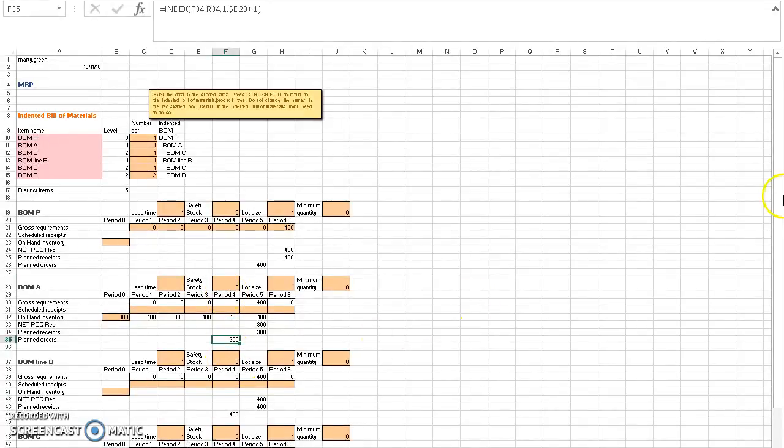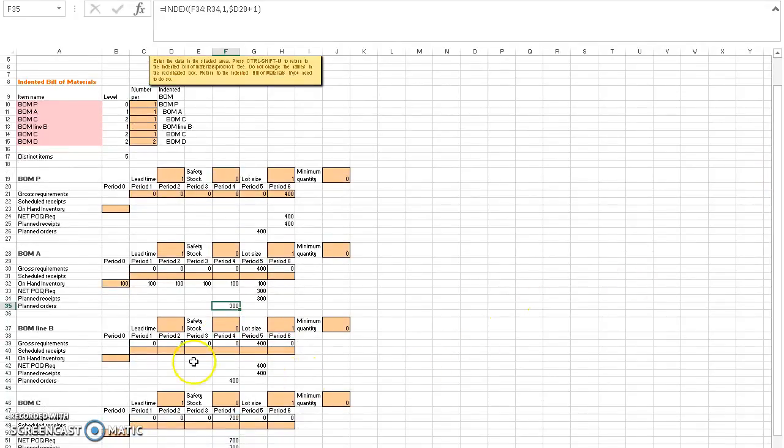Okay, our next item is B. B actually has a minimum order quantity of 450, so we have to make 450. Currently nothing on hand and a lead time of 1. Number C, we have 90 on hand.